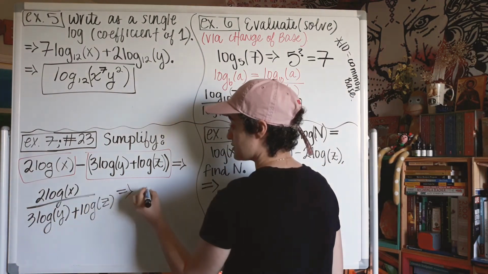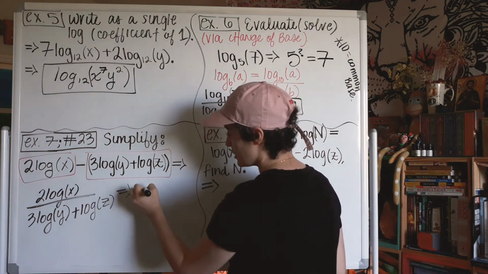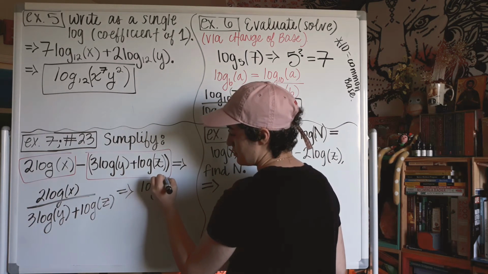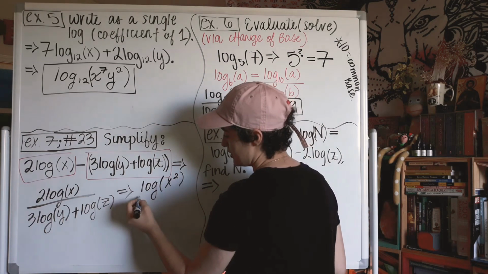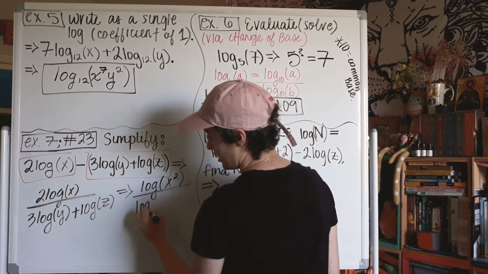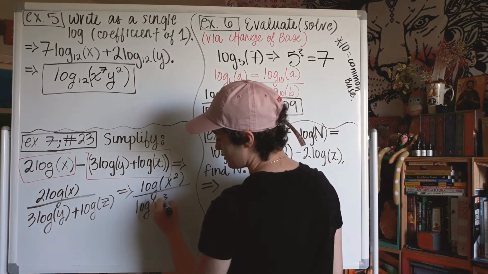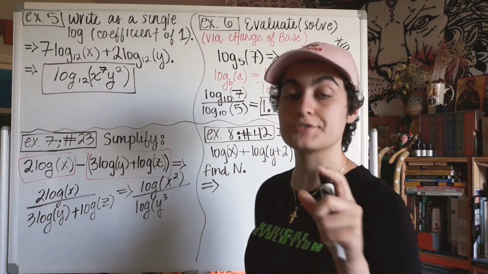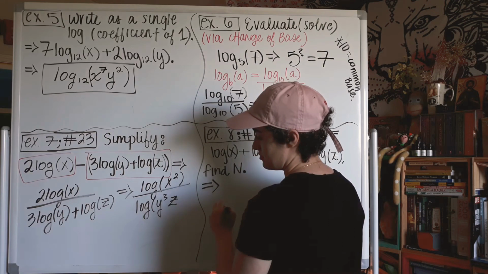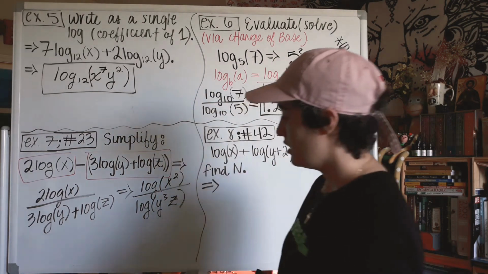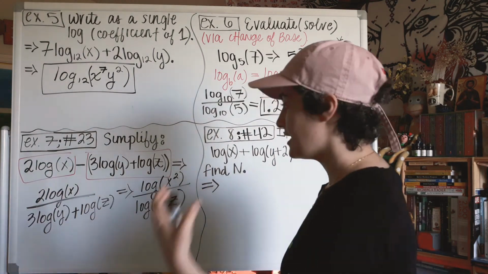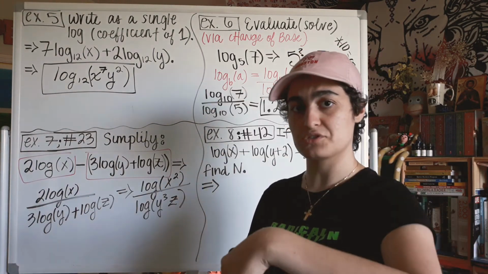So the top actually becomes log x squared all over log y cubed. Stop, because here is the product rule. And then z. Just like that. Very last step, we can pull out that log and put it on the outside instead of it being twice.